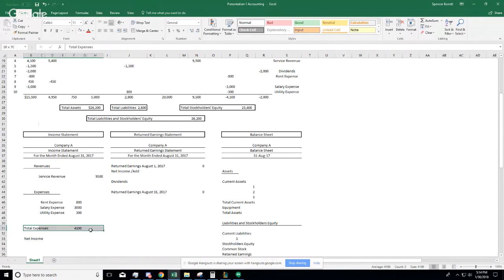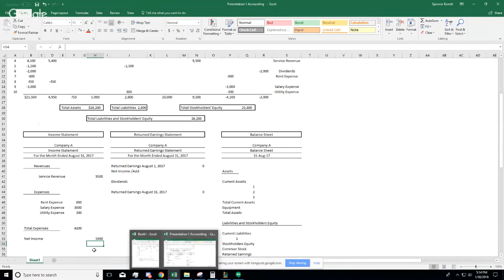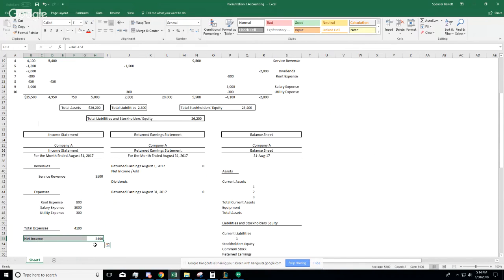Then we have total expenses here. I have a little equation here that added all these together to total 4,100. Now, for this, it's pretty simple. We do revenues minus expenses to get our net income, whether that be positive or negative. So we could just do 9,500 minus 4,100 to get 5,400. So that would be our net income here.